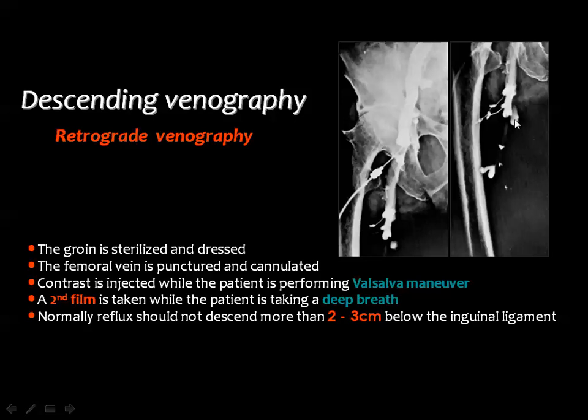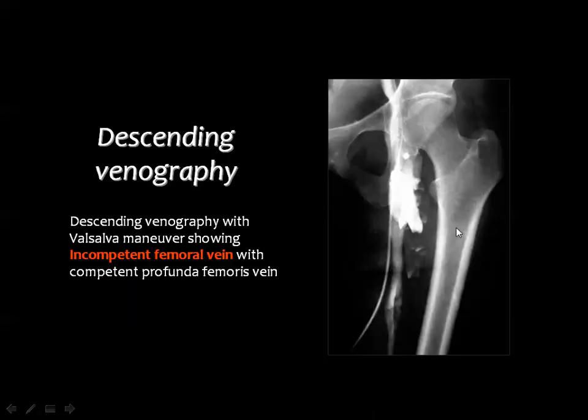But if the valves are incompetent, you can see easily the passage of contrast across the vein, as you can see here. With incompetent valves, if you inject contrast material, you can see that the contrast material is going down across the vein.